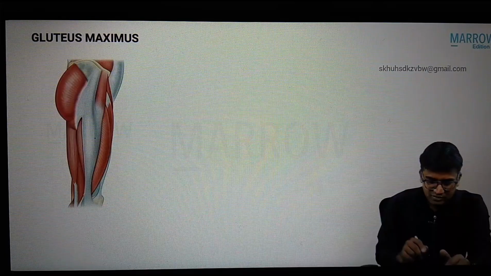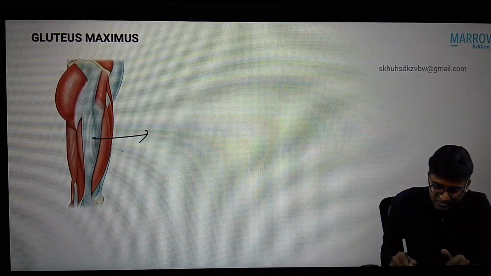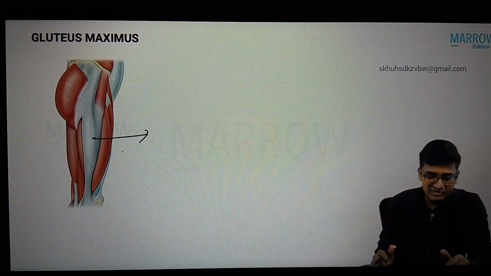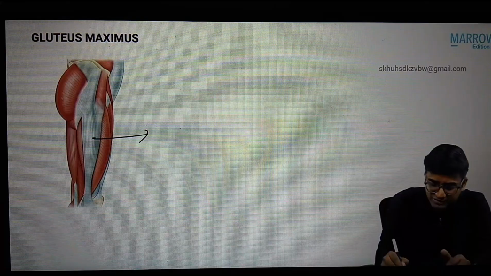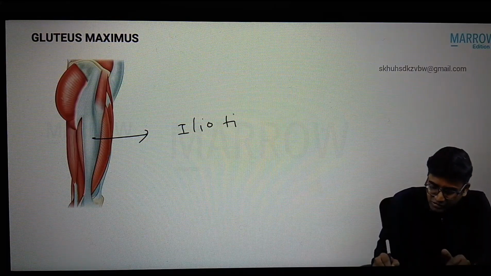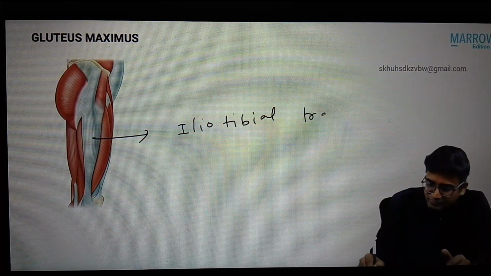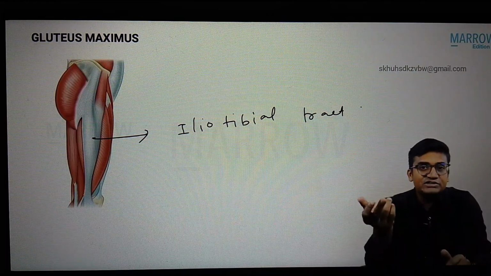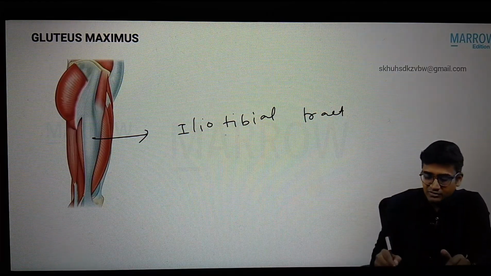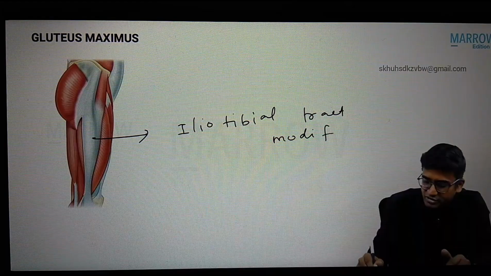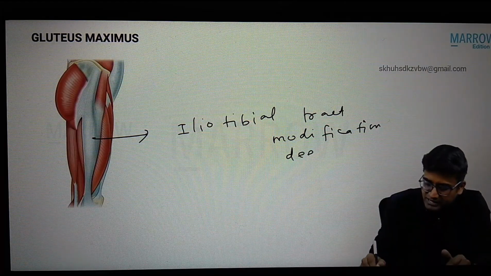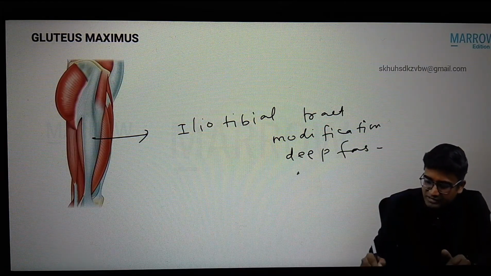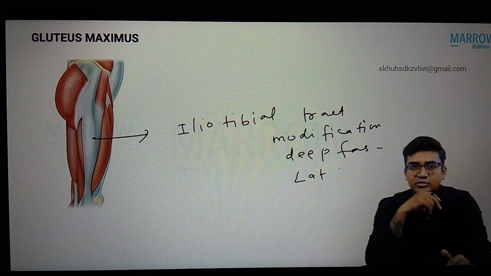Okay. Right. Now in this diagram, yes, we are seeing the lateral view of the thigh. In the lateral view of the thigh, we see the iliotibial tract. Now iliotibial tract is the modification of the deep fascia of the thigh on the lateral side. Okay.